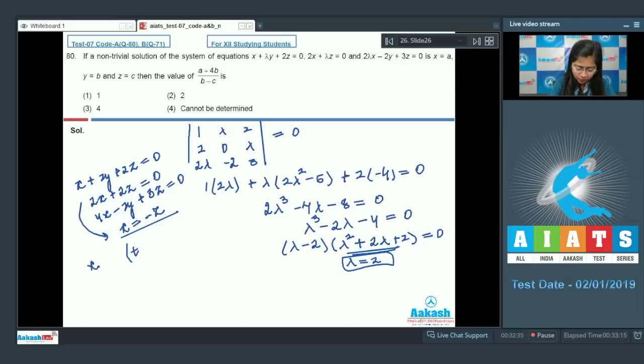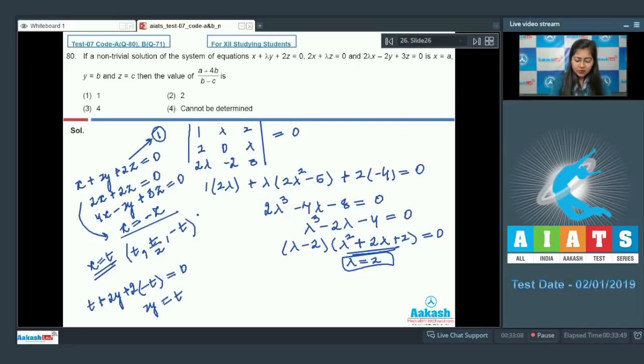If I have x equal to t, then the point that will satisfy the given system of equations will be t, comma, y will be equal to, let us find the value of y, let us put the value of x and z in equation 1. So we'll get t plus 2y plus 2 times z, z will be equal to minus t, equal to 0. So 2y will be equal to 2t minus t, that is t. Hence y will be equal to t by 2 and z will be equal to minus t, right?